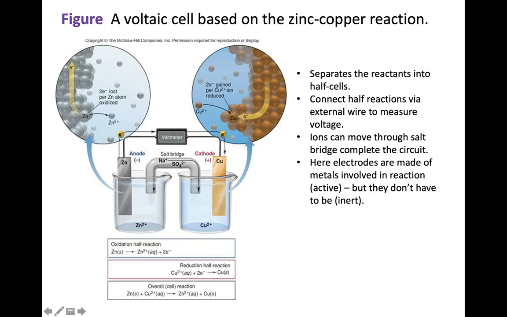So let's think a little bit more about how the free energy change is connected to this potential that we're measuring, right? We're measuring the voltage potential between those two electrodes. So the whole purpose of having a voltaic cell is to convert this free energy change of a spontaneous reaction into electrical energy.